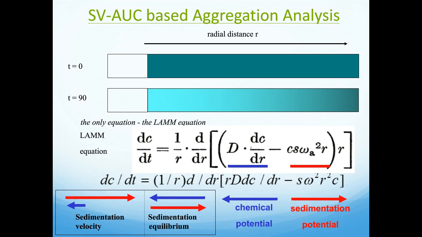The rate and how much pellets is based on certain known factors, such as the density of the buffer that you're pushing the sample against, also the partial specific volume of the molecule of interest, also the number of species that are present, like the number of aggregates. If you have a higher number of aggregates, they will pellet faster because they have a higher mass, a higher molecular weight, so they will go down quicker. As I said, it's quite a complex equation describing this process, and this equation is the Lamm equation.